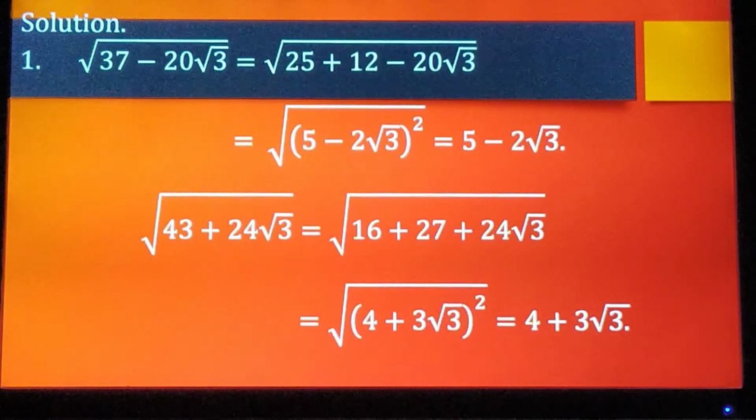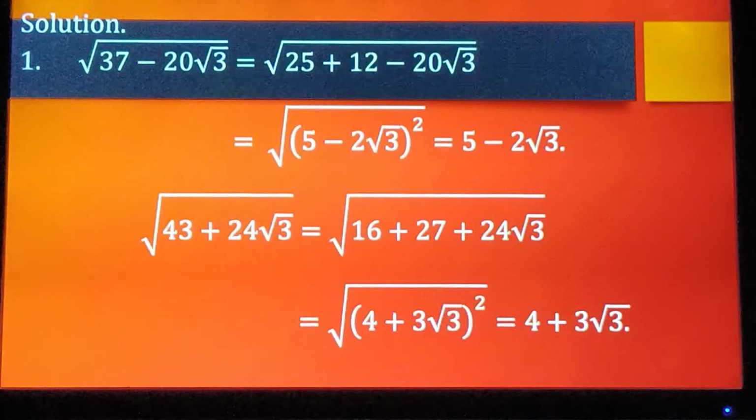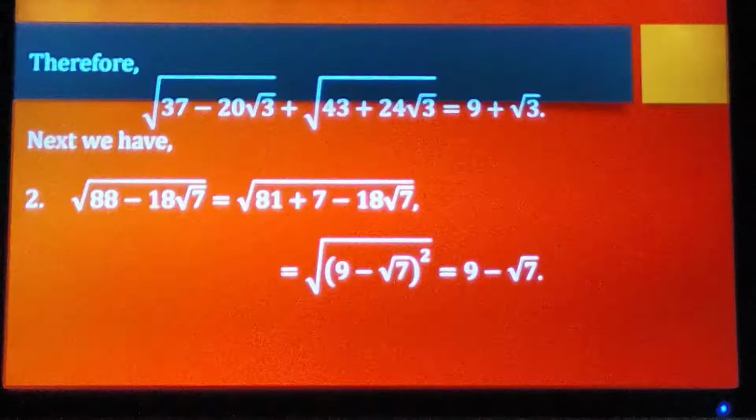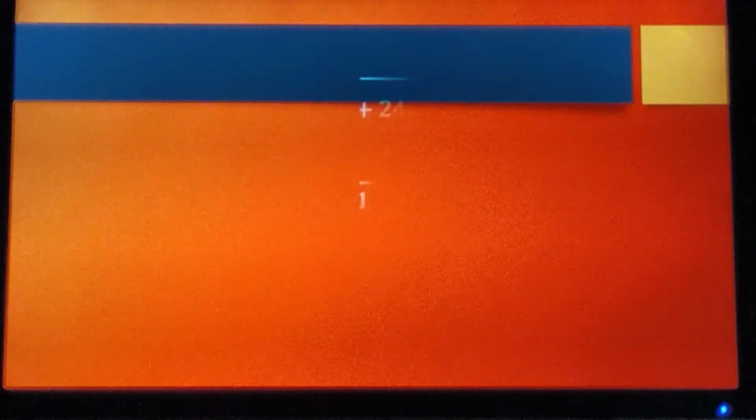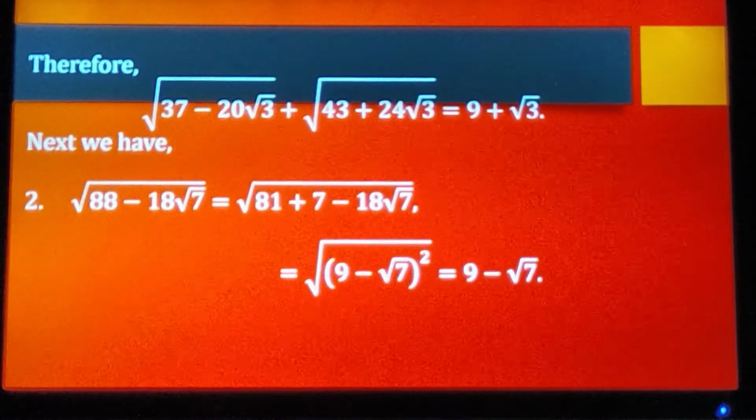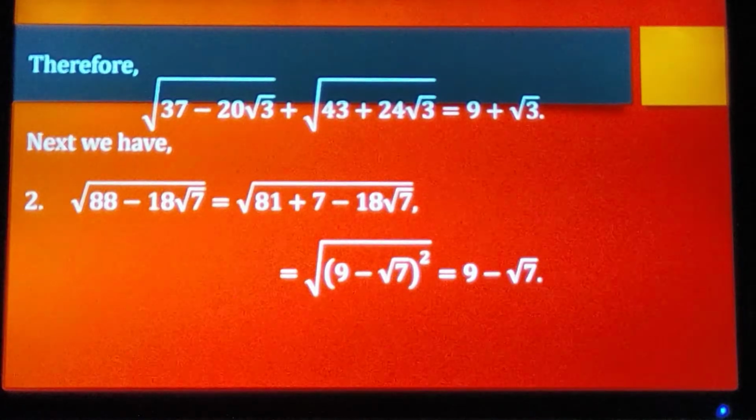And it turns out that this number written in this new form is the square of 4 plus 3 times the square root of 3. And so the answer is 4 plus 3 times the square root of 3. So adding the two results, the final answer is 9 plus square root of 3 for the first simplification problem.